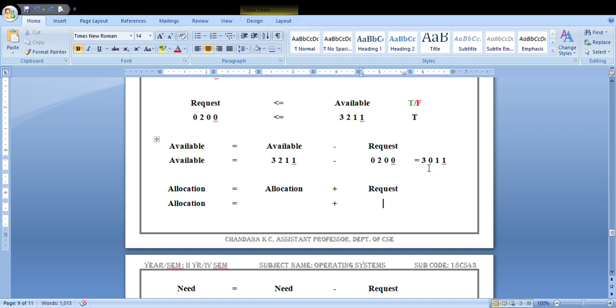Next, to calculate the allocation, the formula is allocation plus request value. The allocated value for your P1 process is 1 1 0 0 plus the request value 0 2 0 0. The final answer is 1 3 0 0. This is your new allocation value for the P1 process.